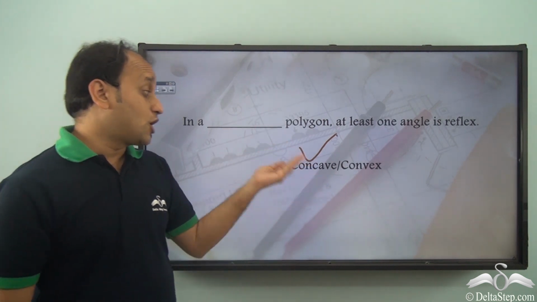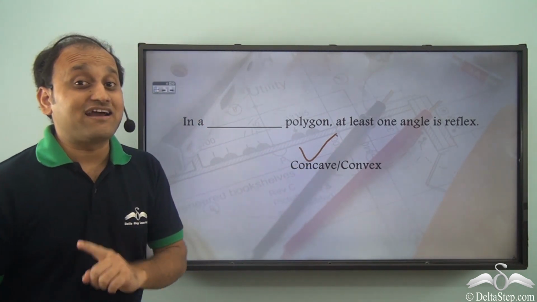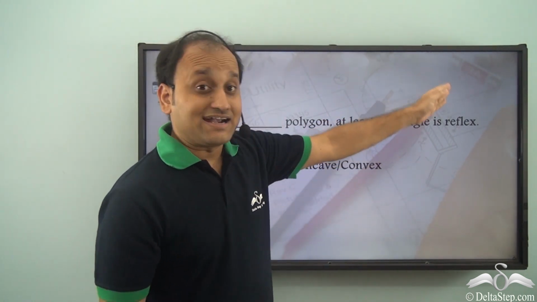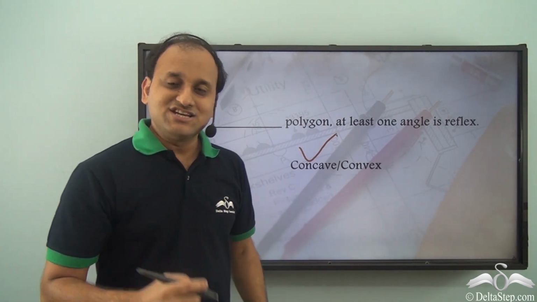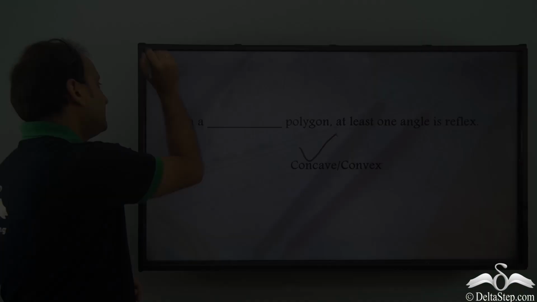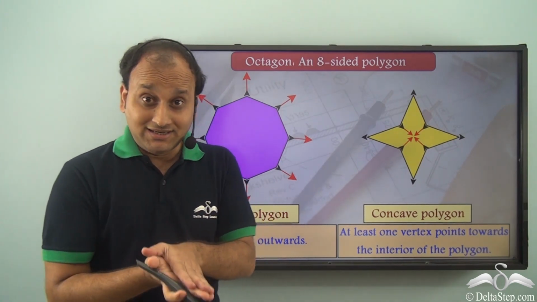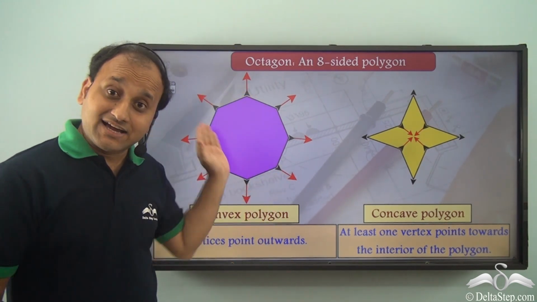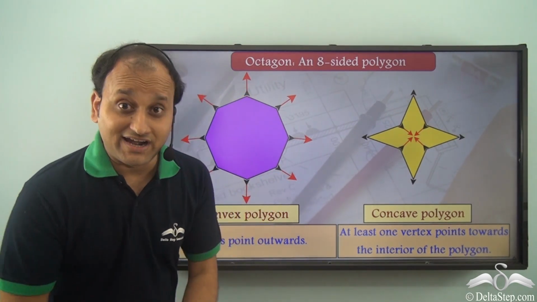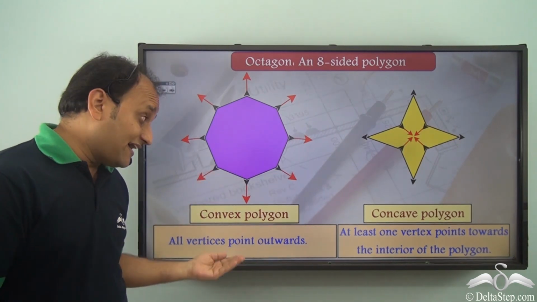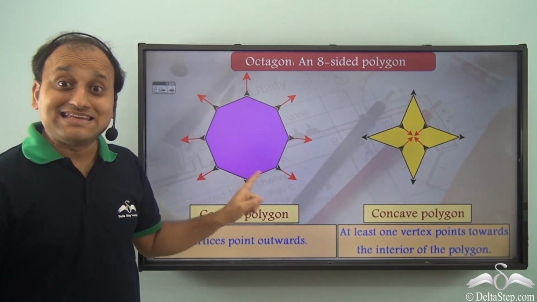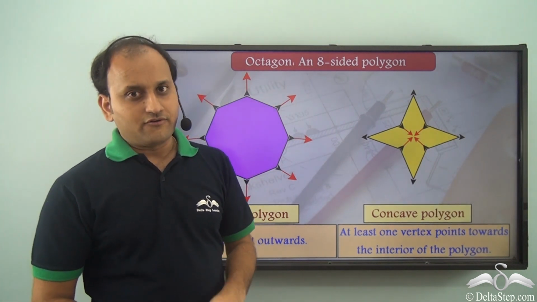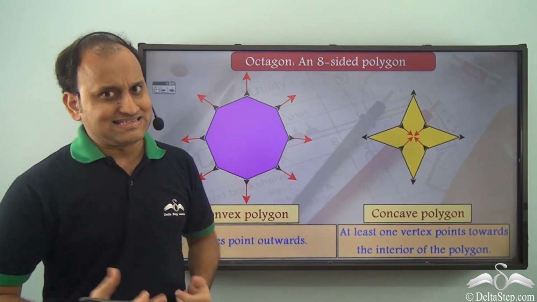Because concave polygons have at least one angle that is reflex, or more than 180 degrees. Now, if I have an octagon, that is, it has 8 angles, and I need to identify whether it is convex or concave, I will have to measure all the 8 angles one by one, which might not be a very easy task.